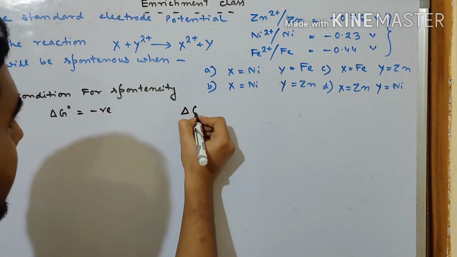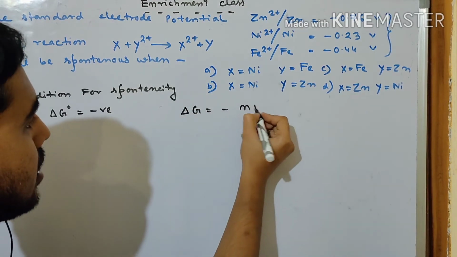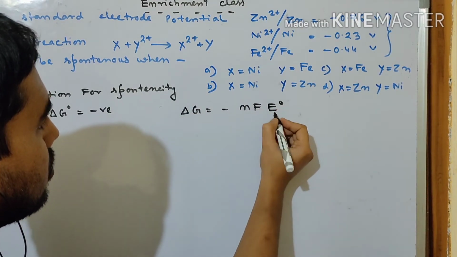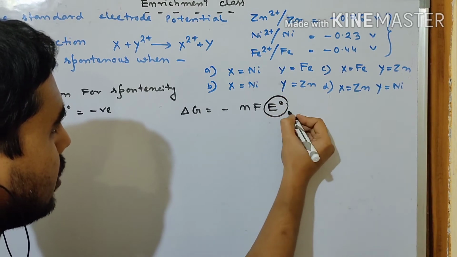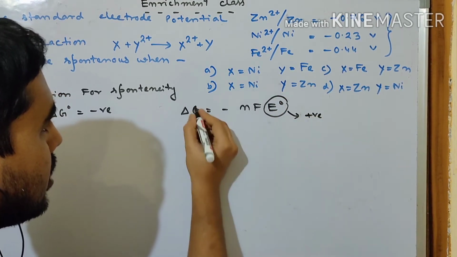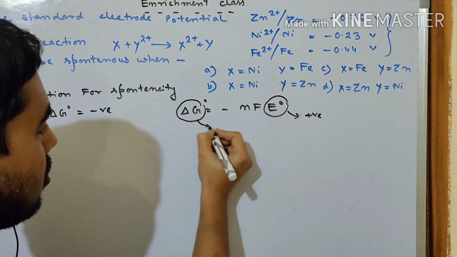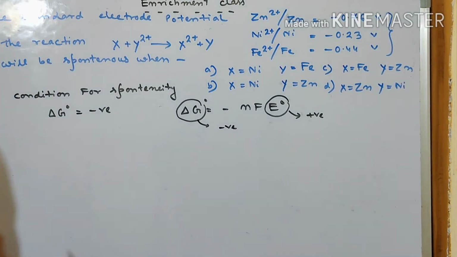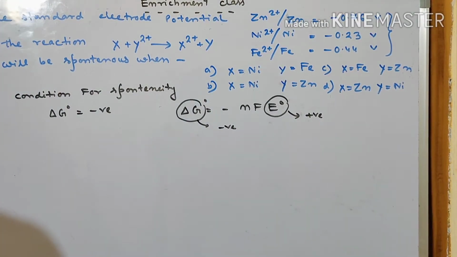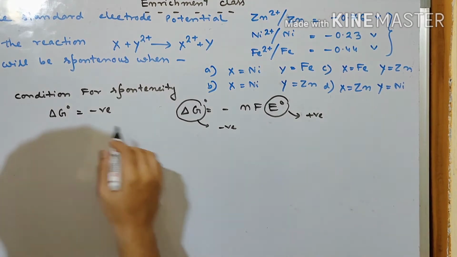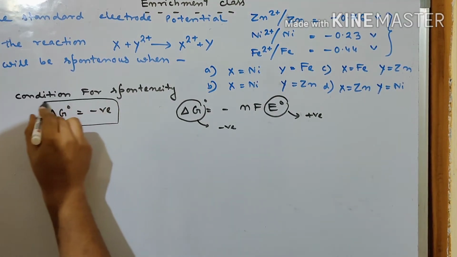And we also know delta G0 is minus nFE0. So carefully see, if E0 is positive, then only delta G0 can be negative. I hope I am clear.